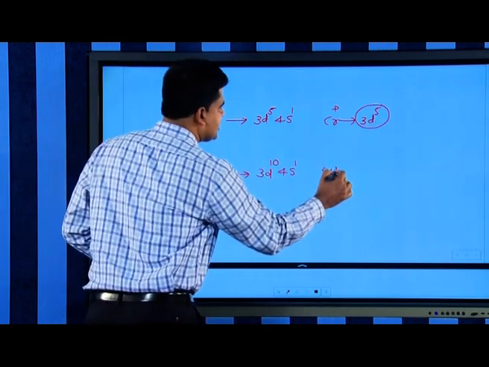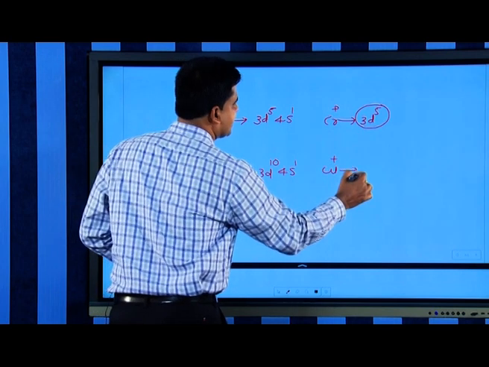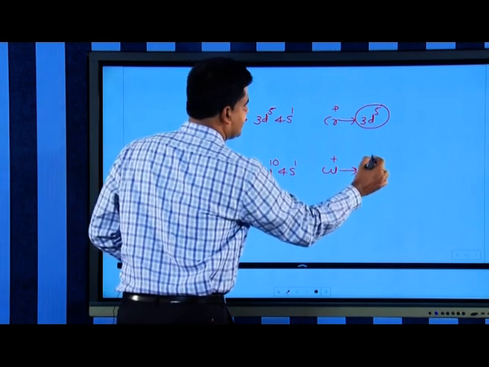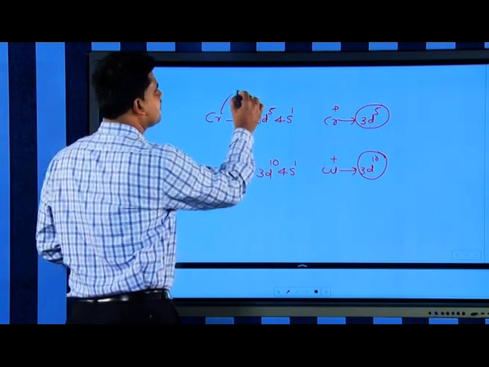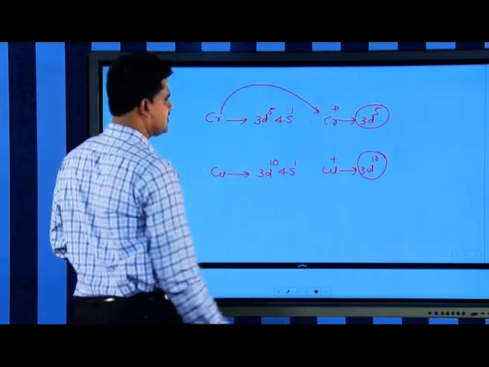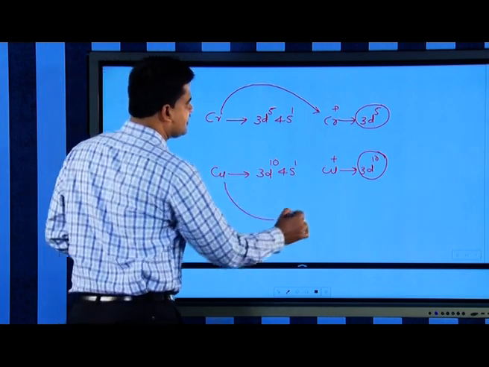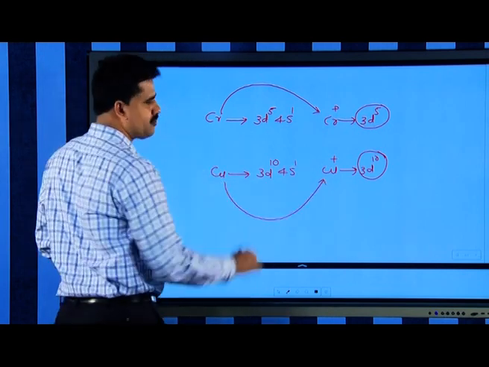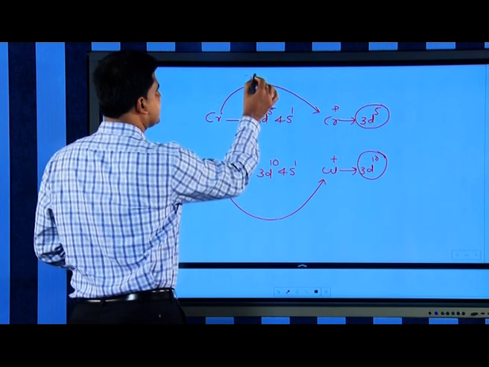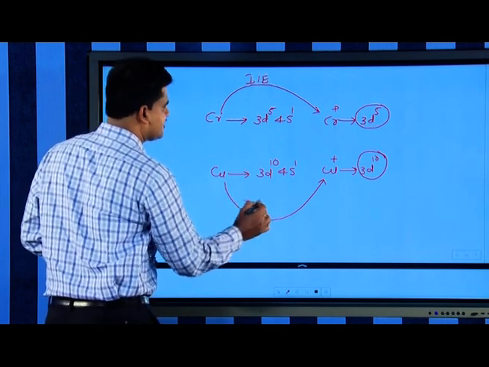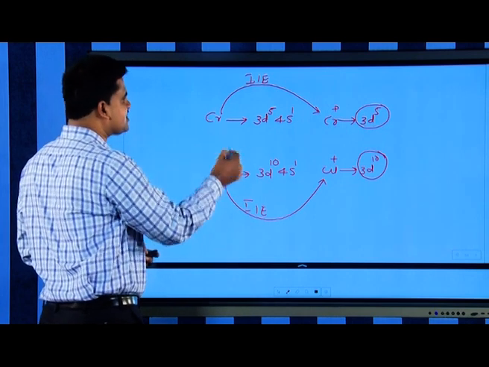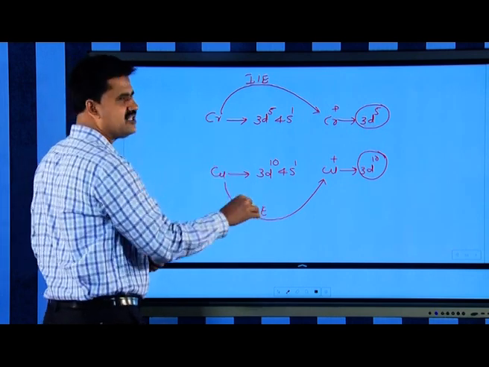For Cu+, the arrangement is 3d10. This is again a stable arrangement. That is, you can easily convert chromium to chromium+, and also easily convert copper to copper+. This is first ionization energy. That is, the first ionization energy of chromium as well as copper is comparatively low.